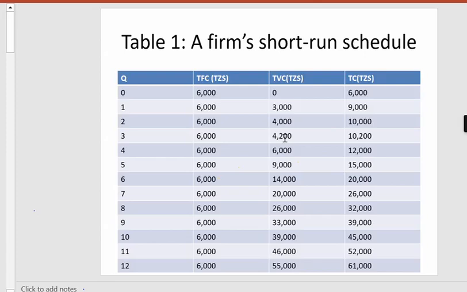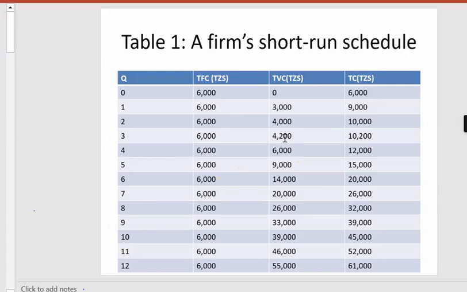But the fixed cost is what? The fixed cost is 60,000 shillings. You don't produce anything here. But this is an investment cost. It's the fixed cost. For example, the cost of land.